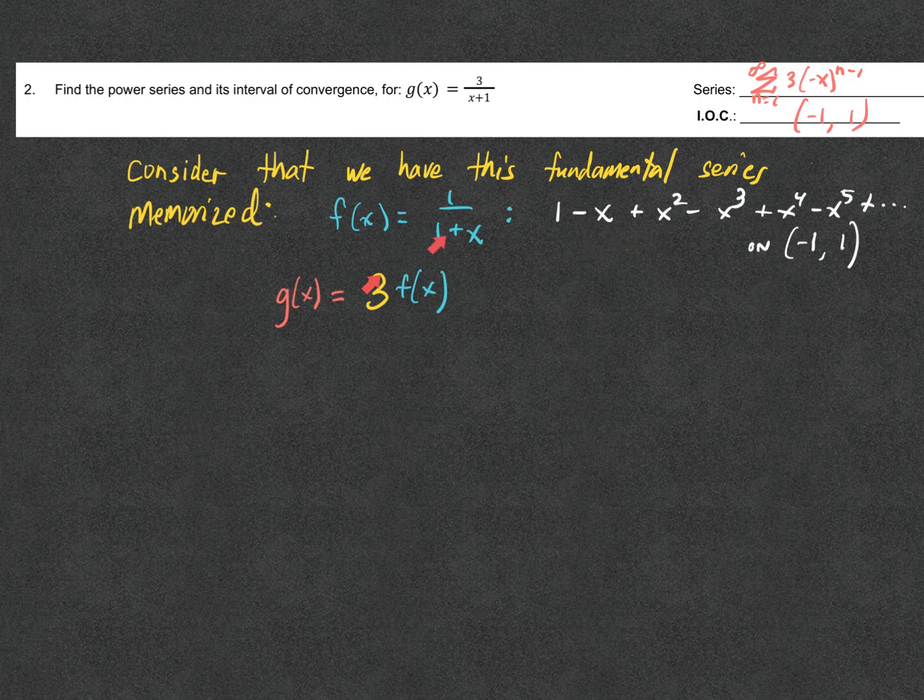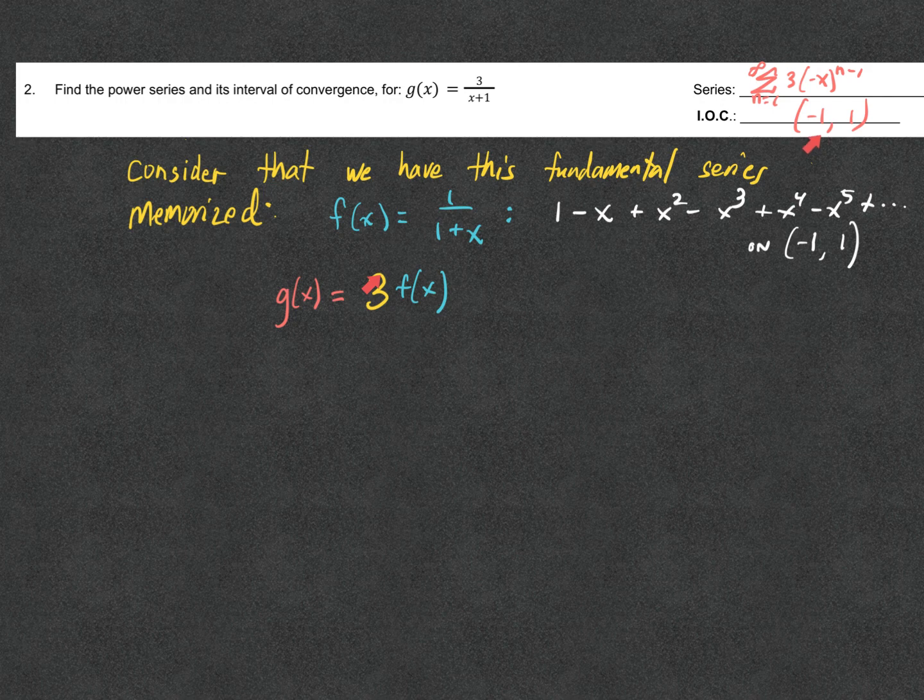This is the series for the well-known function, which is represented as negative x to the power of n minus 1. And with this transformation, we can just multiply it by 3. And it has the same interval of convergence.